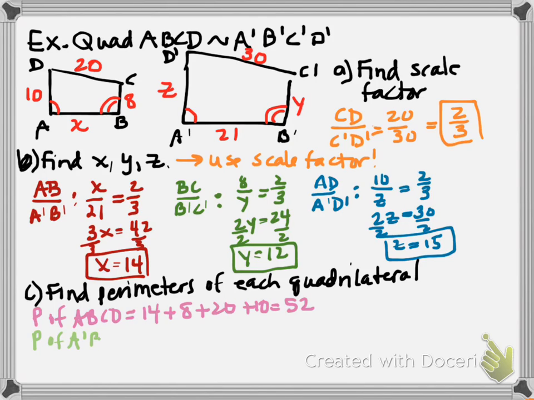And then the other perimeter of the A prime, B prime, C prime, D prime. So we had 21, and we had Y, which was 12, and we had 30, and we had Z, which was 15. And we add them up, and we get 78. So the last question says, find the ratio of the perimeters.